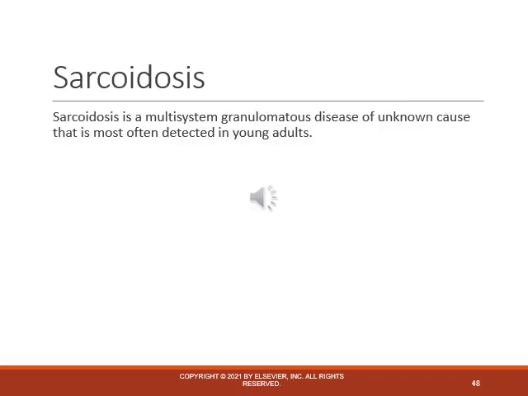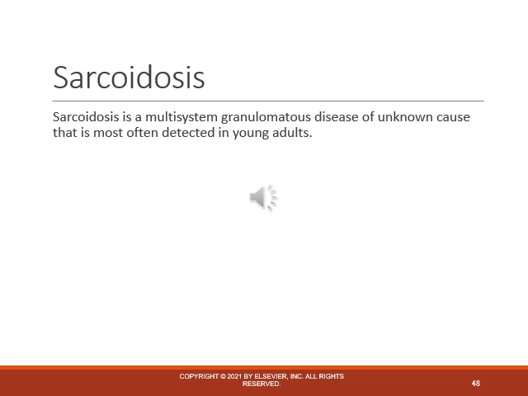Sarcoidosis is a pathology of unknown origin that typically affects younger females, mostly African Americans. And this is a granulomatous disease, and we've talked about granulomas being fibrous encapsulated areas. So sarcoidosis demonstrates itself as granulomas or fibrous encapsulated areas throughout the chest, and can actually also affect other organ systems.